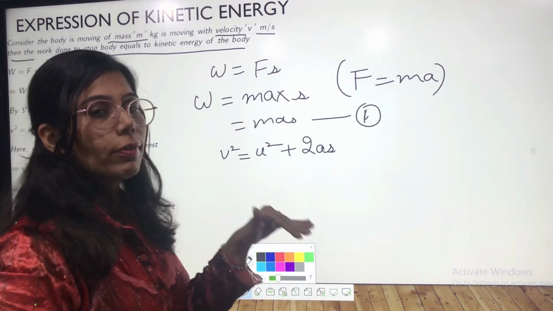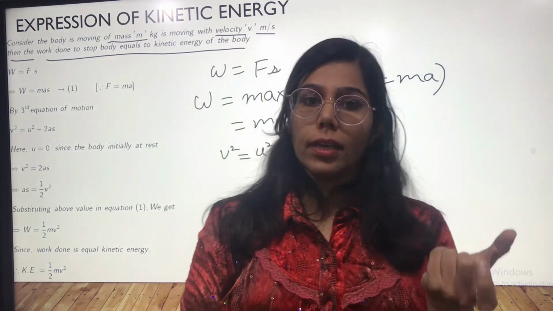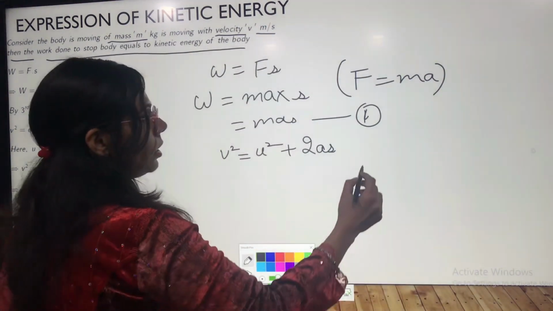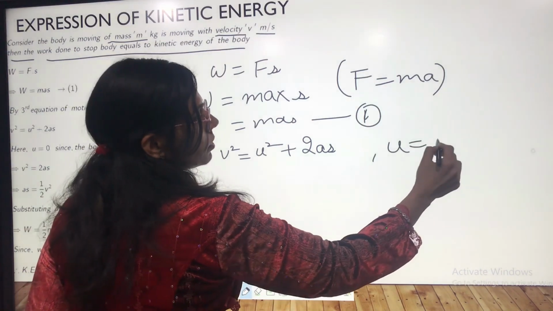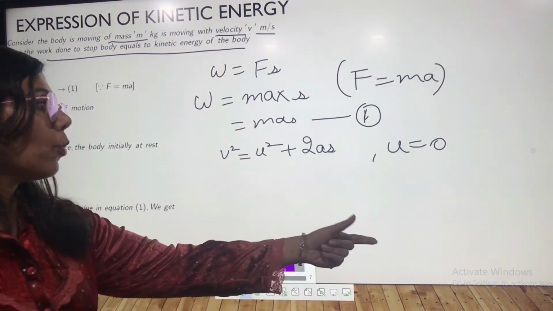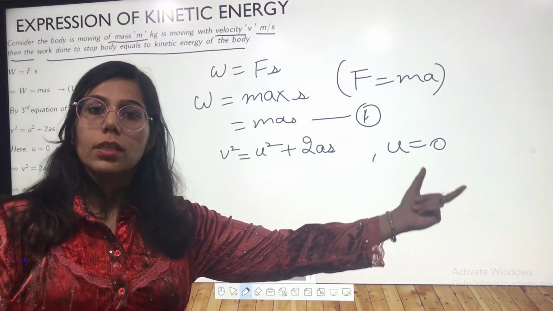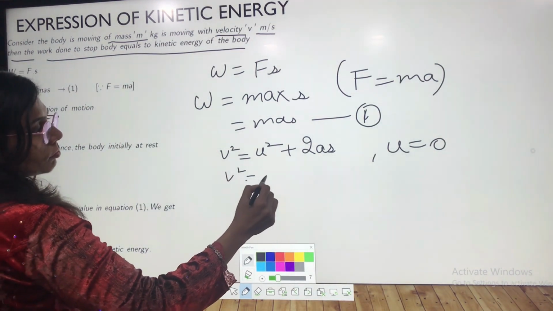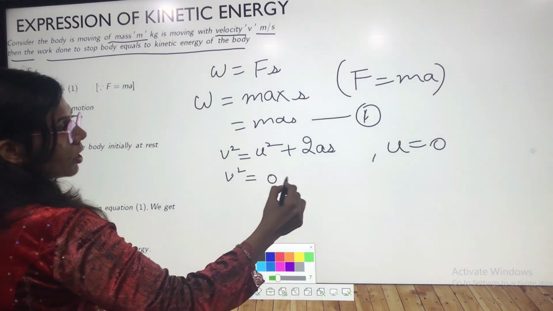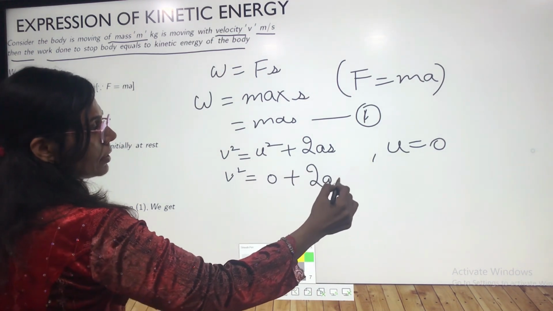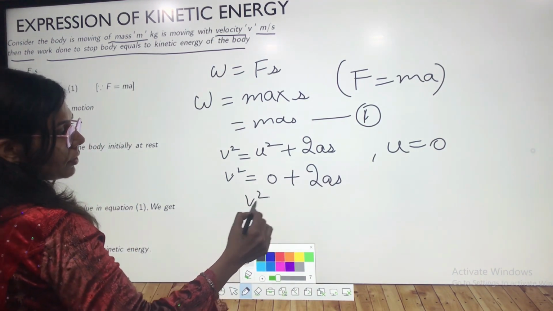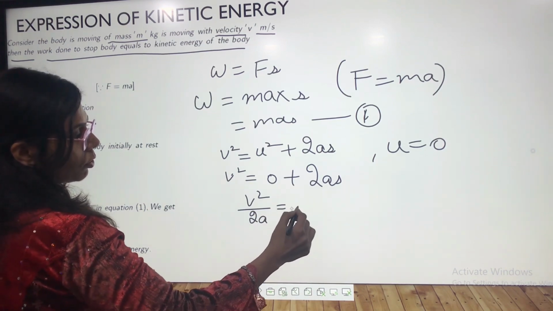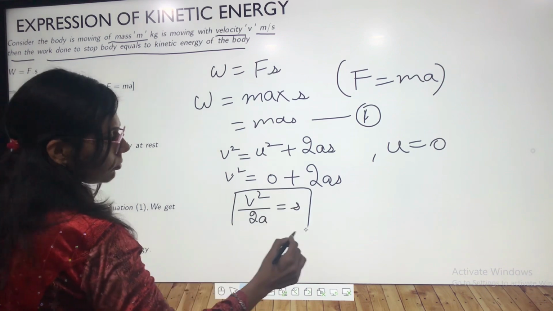It has started moving, so we take the initial velocity as 0, because at its starting point its velocity was 0. So we put 0 over here, plus 2as. We calculate s as v square upon 2a.